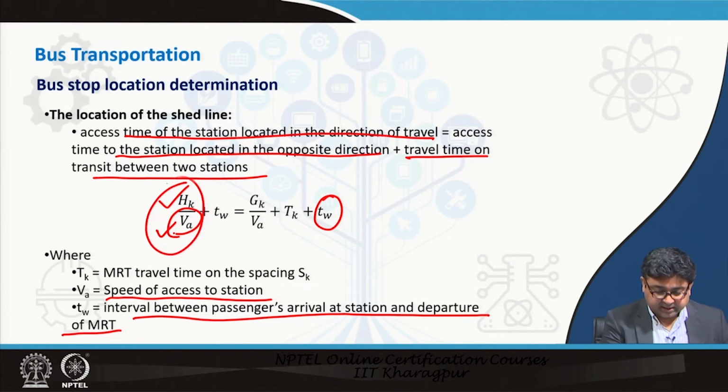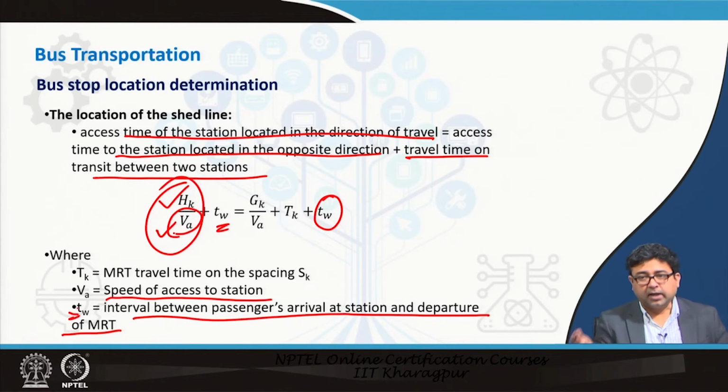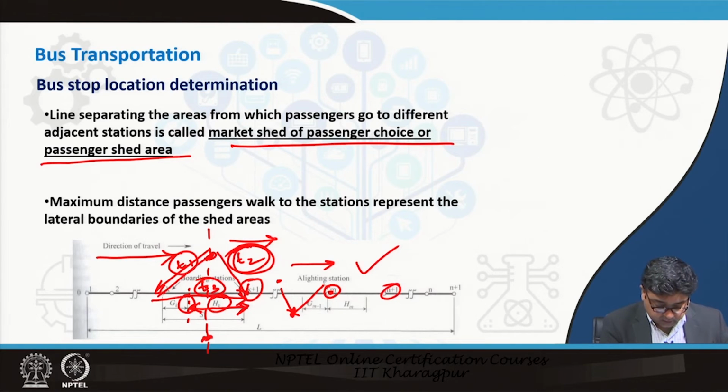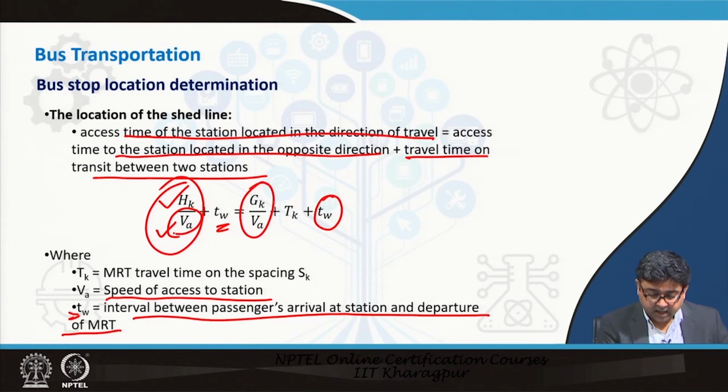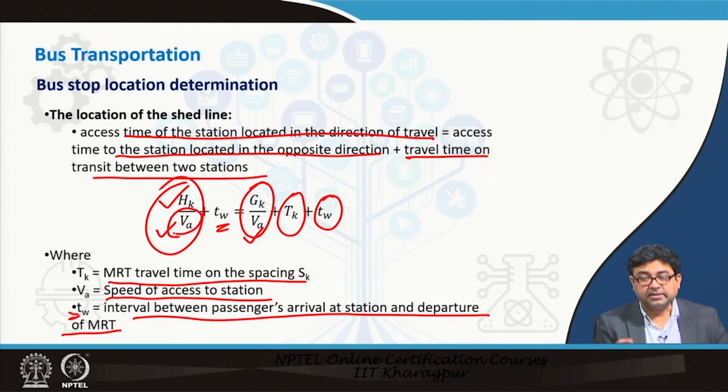So that is time: distance by speed, plus Tw, which is again the wait at that station for the train to arrive, is equal to, now if you had gone to Gk, if you had traveled this distance and gone back to the station in the opposite direction of travel, again at some speed, but there would have been this element Tk, which is the travel time of the MRT, the mass rapid transit, on the spacing Sk, right.